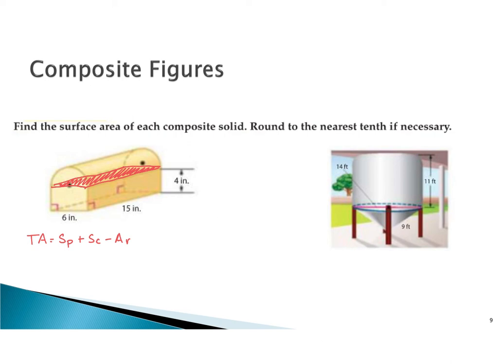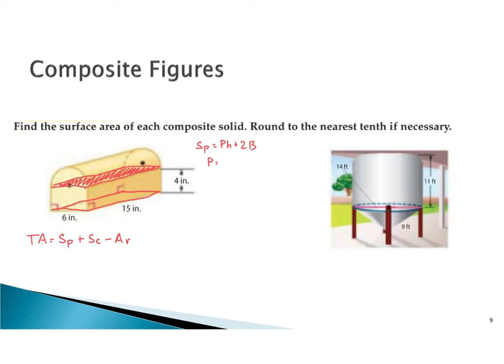So that's where I'm going with this. I have 3 pieces that I need to find. Let's start at the top. The surface area of my prism equation is going to be perimeter times the height plus 2 times the area of the base. My perimeter, if I'm looking at the very bottom of this shape, I'll outline it. There it is. That's what I'm looking at as my base.